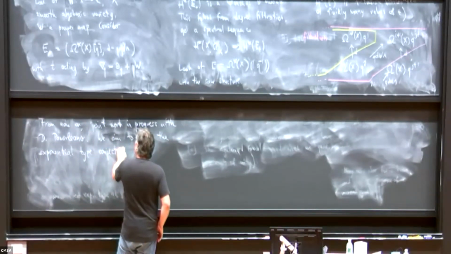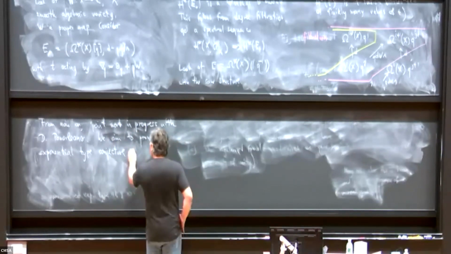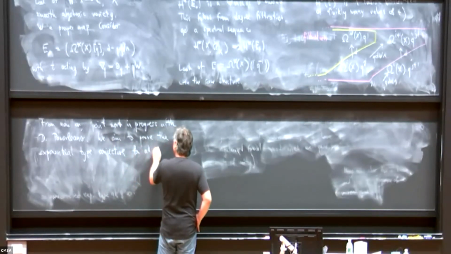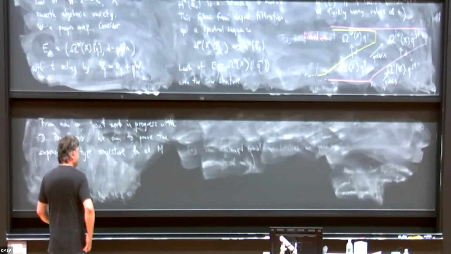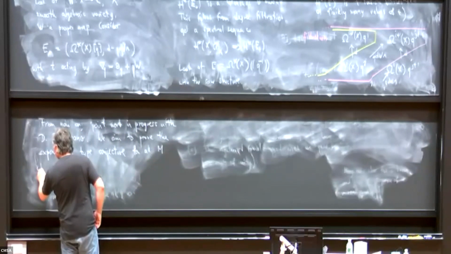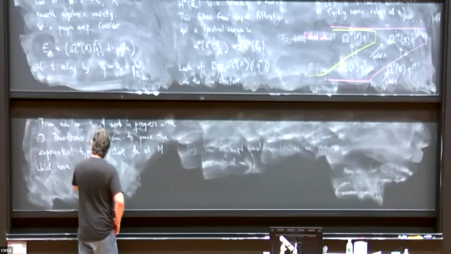So this exponential type conjecture, including the quasi-unipotent monodromy part, I would like to prove it for all M. You need some geometry. At least you need an anticanonical divisor, but for technical reasons, an anticanonical Lefschetz pencil.